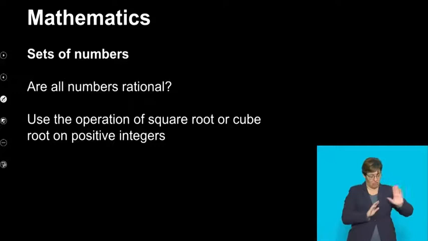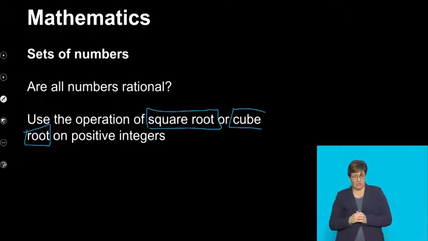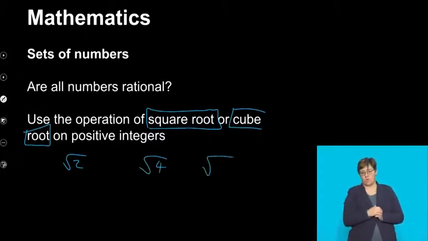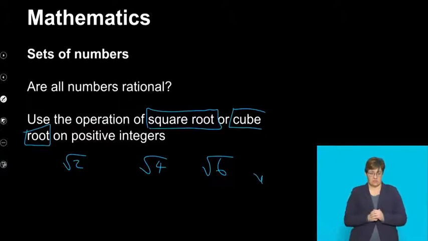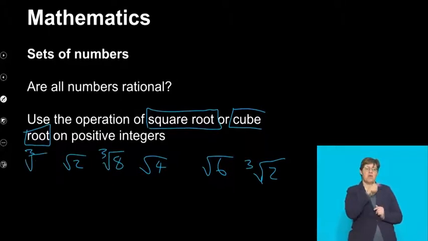If we use an operation of a square root or a cube root on positive integers, what do we get? Let's play around with some numbers here. So let's say square root of 2, square root of 4, square root of 6, cube root of 2, and then the cube root of 8 as well, and another one, cube root of maybe 27.